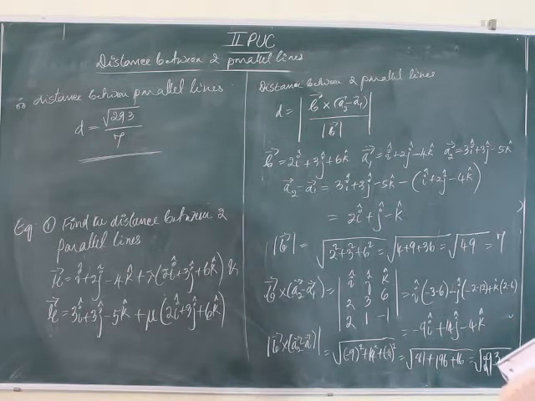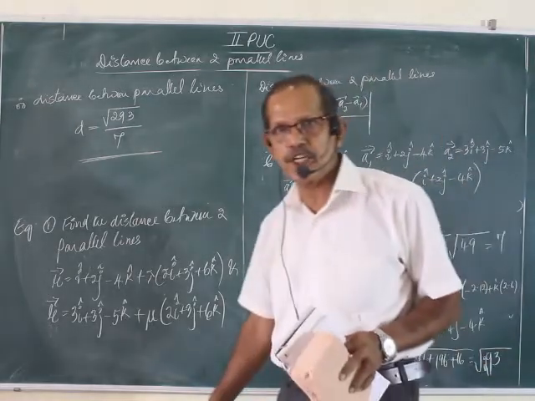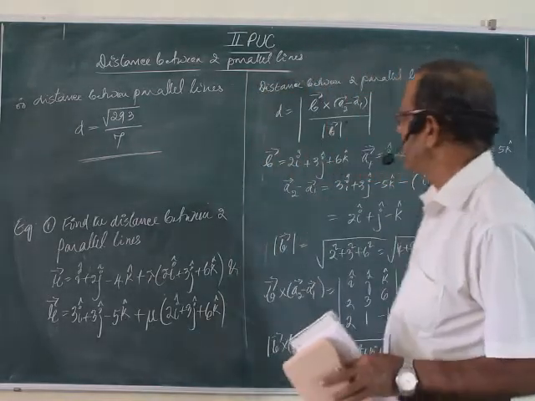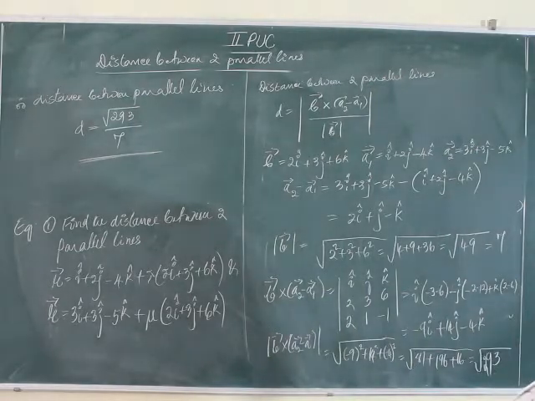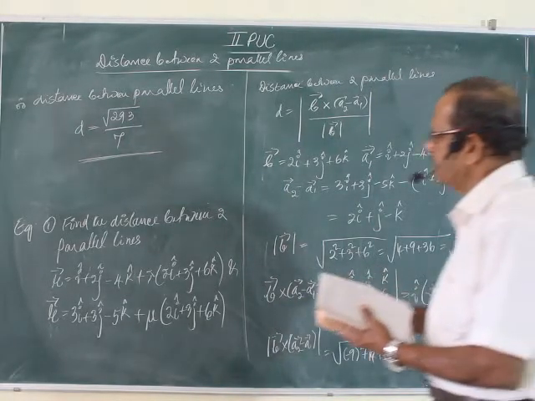Now let me take one more, Cartesian form of the equation. We got some confusion in the previous distance, shortest distance. That is why let me take one more.